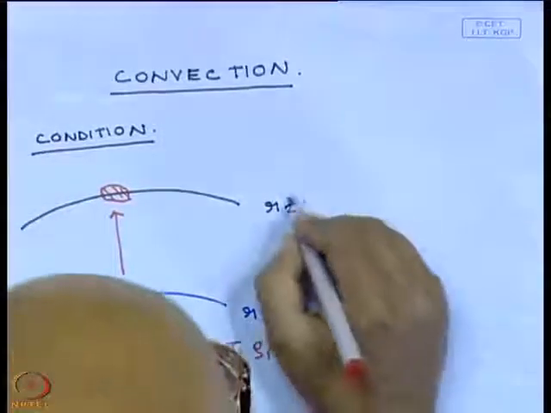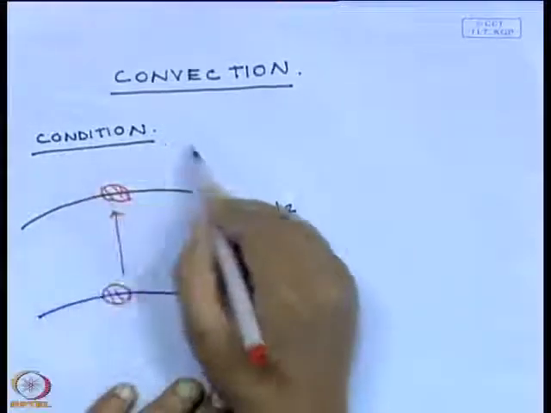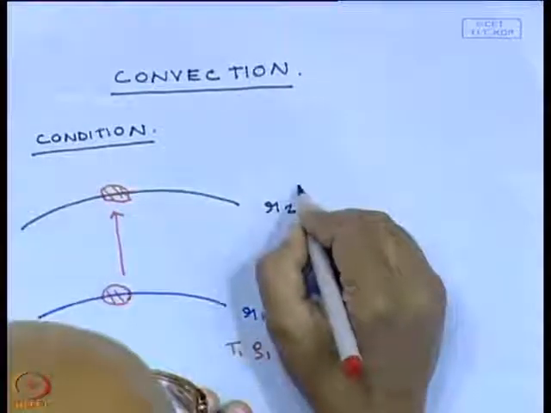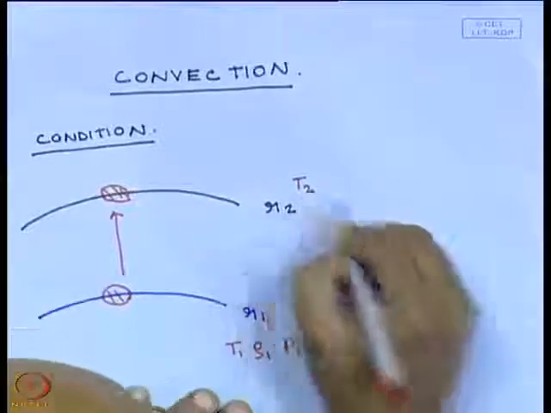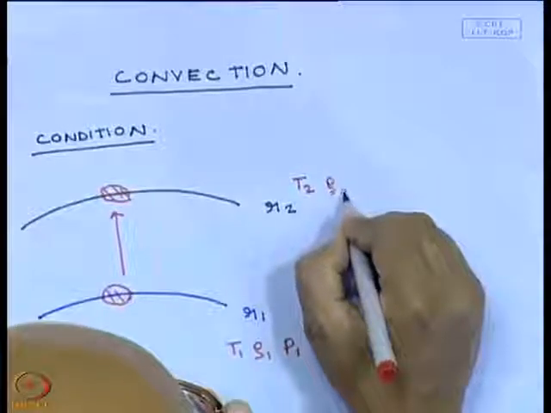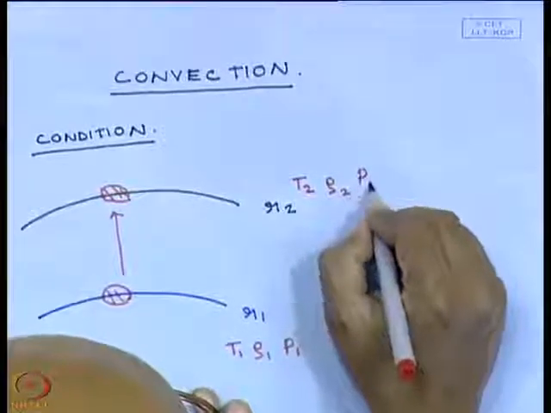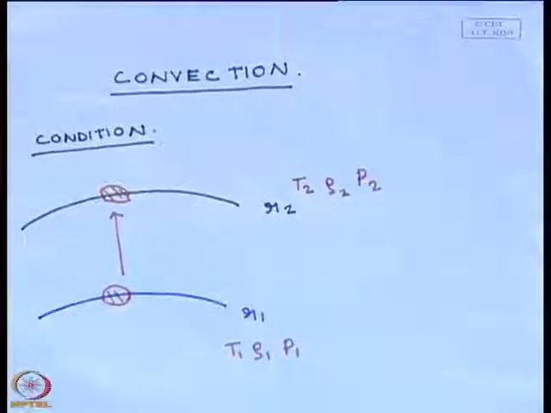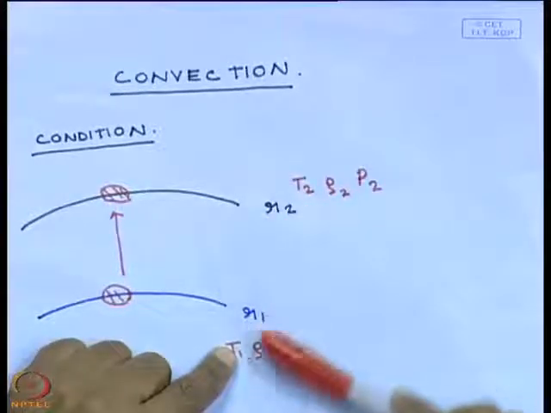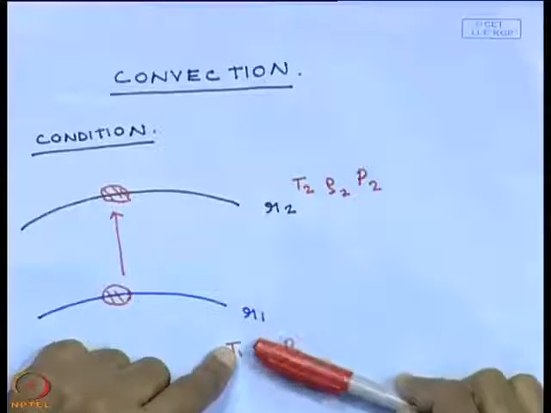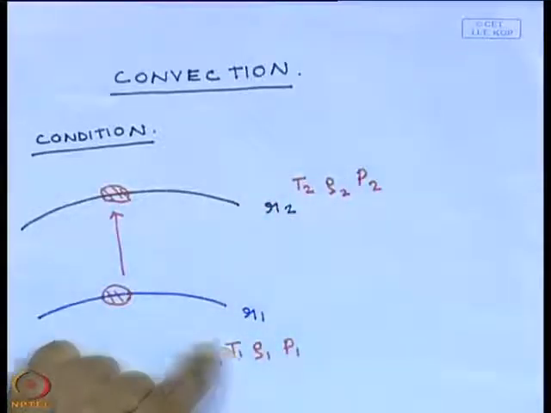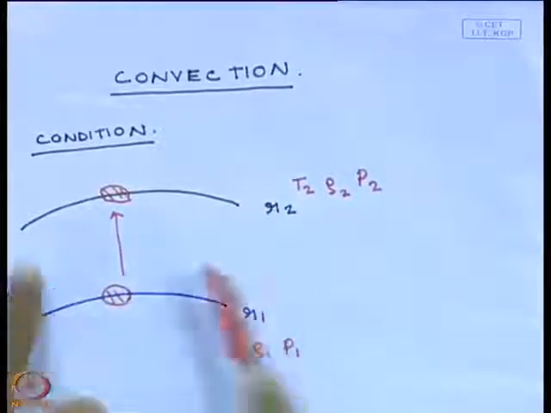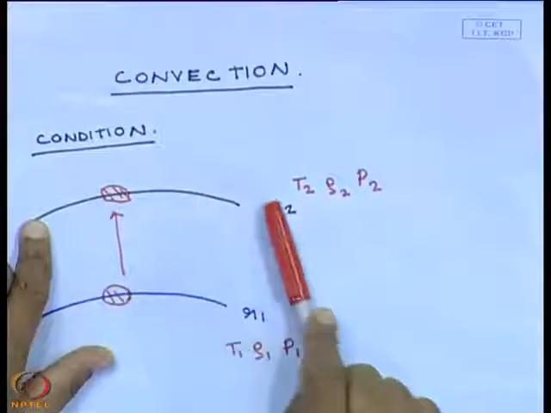Let us say that the ambient temperature of the surrounding is T2, it has density rho 2 and pressure P2. That is the temperature of the surrounding, and these temperatures are determined by the radiative transport of energy.